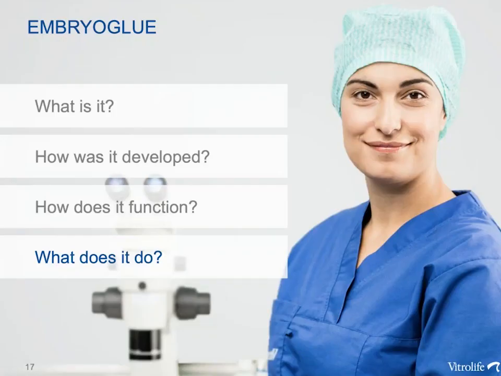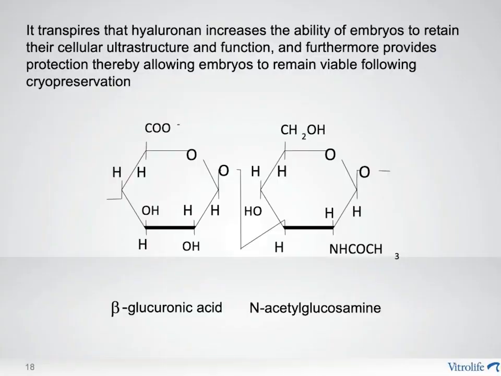So what does it do clinically? What are the data? Well, it's an interesting story. It transpires that as well as improving rates of blastocyst and embryo quality, embryos that have been cultured in the presence of hyaluronan also have a better ability to remain viable following cryopreservation.